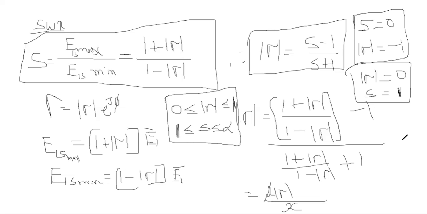The standing wave ratio in terms of the reflection coefficient is 1 plus the magnitude of the reflection coefficient by 1 minus the magnitude of the reflection coefficient. And the other relation, the magnitude of the reflection coefficient, is equal to S minus 1 by S plus 1.